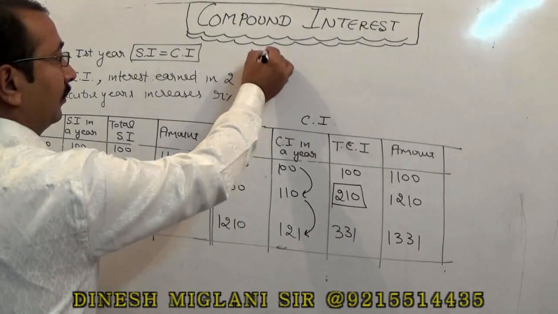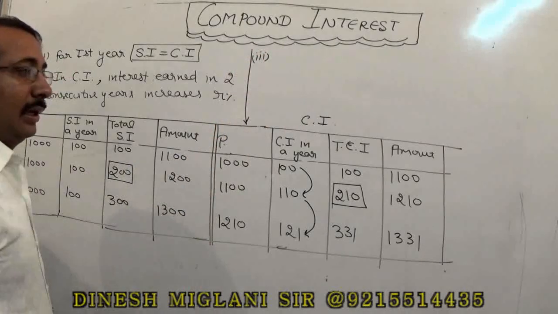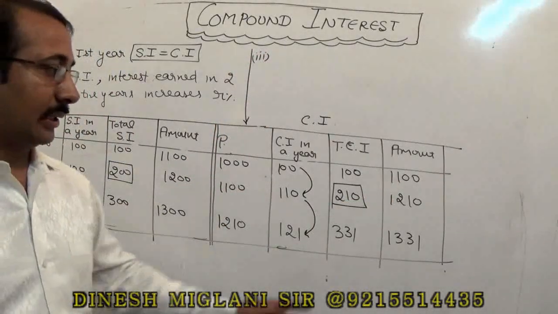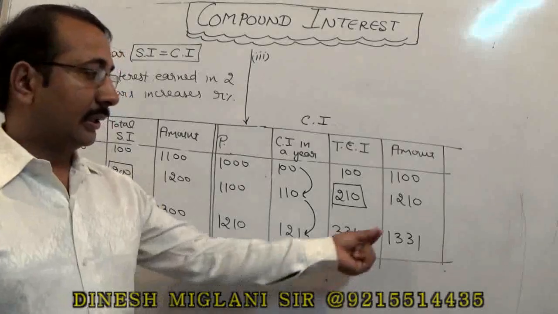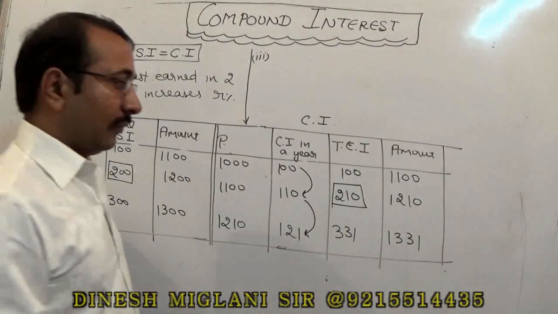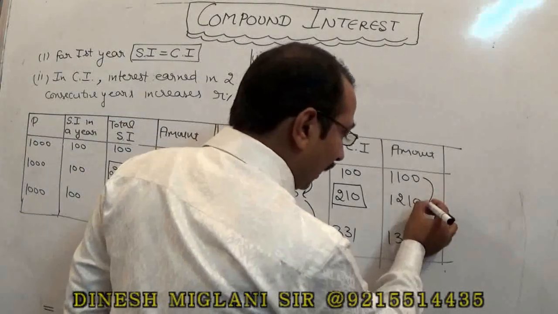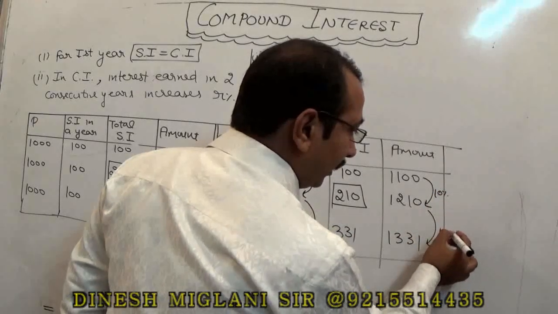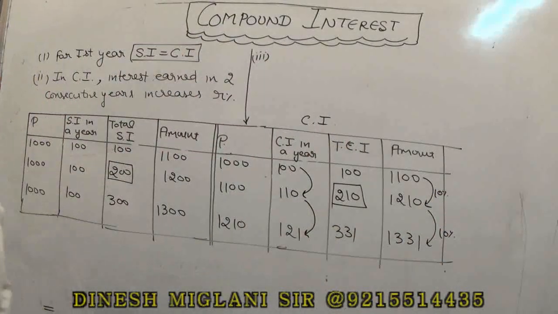Third property, when we look at the amount, my first year amount is 1100, second year is 1210, third year is 1331. From here what I can say, that increases by 10%, this also increases by 10%. Means from 1100 to 1210, that is increment of 10%.